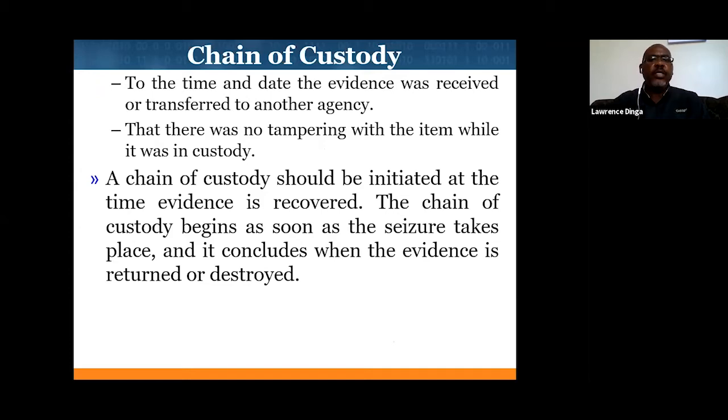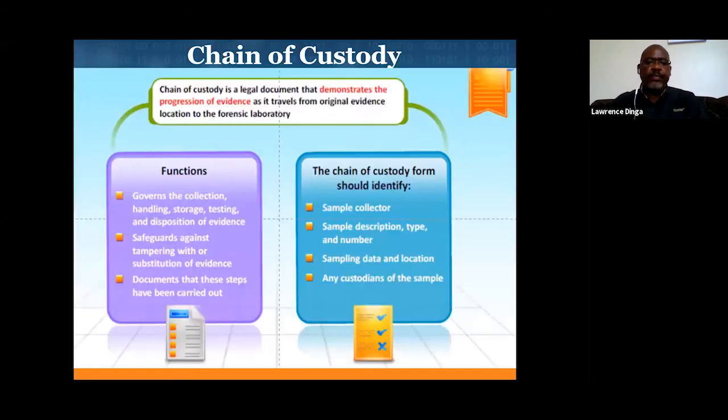They also need to testify that there was no tampering with the item while it was in custody. So a chain of custody should be initiated at the time the evidence is recovered, and it begins as soon as the seizure takes place and concludes when the evidence is actually destroyed.